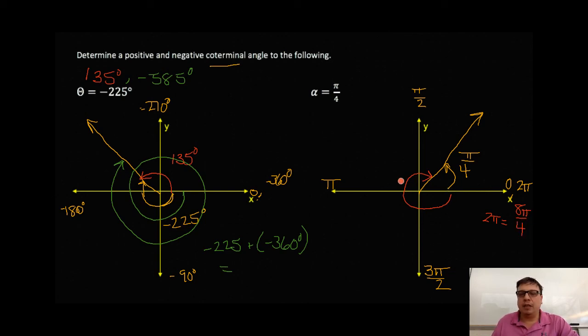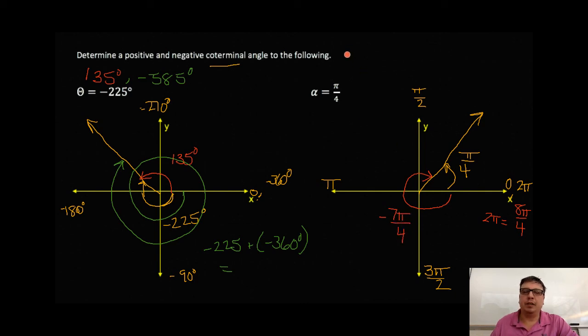Well, I'm rotating through, and I am pi over 4 short of a full revolution, which would be 2 pi. So therefore, if 8 pi over 4 is a full revolution, and I'm short pi over 4, then this red angle that I've drawn is negative 7 pi divided by 4.